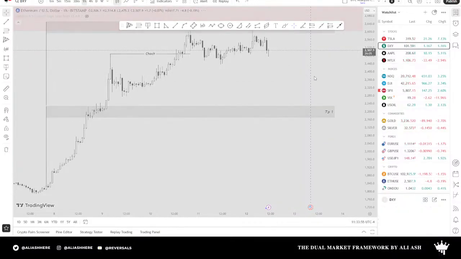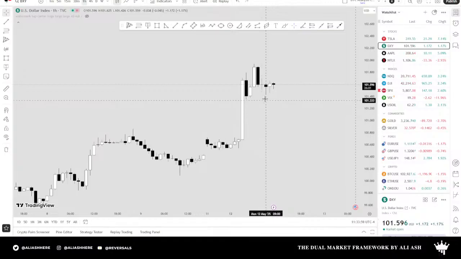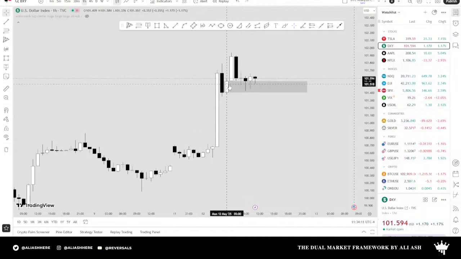Let's see what we have with the dollar index. So Morningstar, and we are on the support of this Morningstar. If you see, we have these wicks, and the candle body is creating pressure from the downside. So if this breaks, then we can go for the FEG.